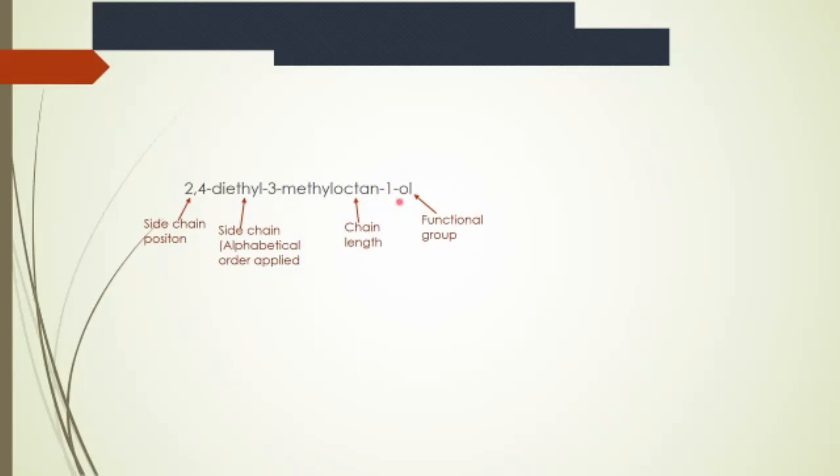The 1 tells you that the functional group of the alcohol is on carbon number 1. Now, your functional group is the atoms, or bond of atoms, or a molecule that tells you what type of organic compound this is. In this case, this is an alcohol. You can see it by the hydroxyl group. That's why you're going to end it with ol. You see, just like that.